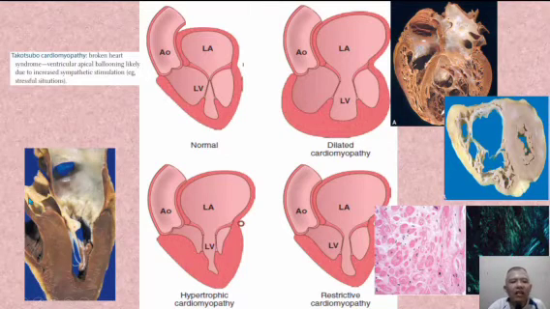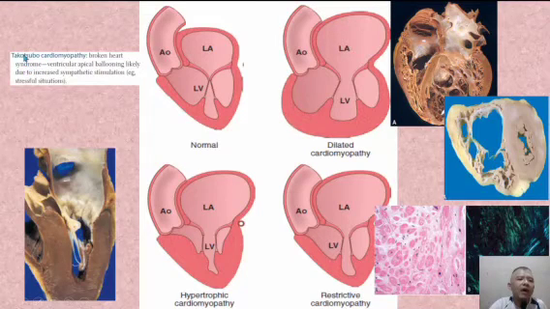Take note that you have asymmetrical septal hypertrophy. It's a banana-like configuration. There is left ventricular outflow obstruction. For restrictive cardiomyopathy, you have invasion of usually amyloid, and it appears as an apple green birefringence on polarized light.